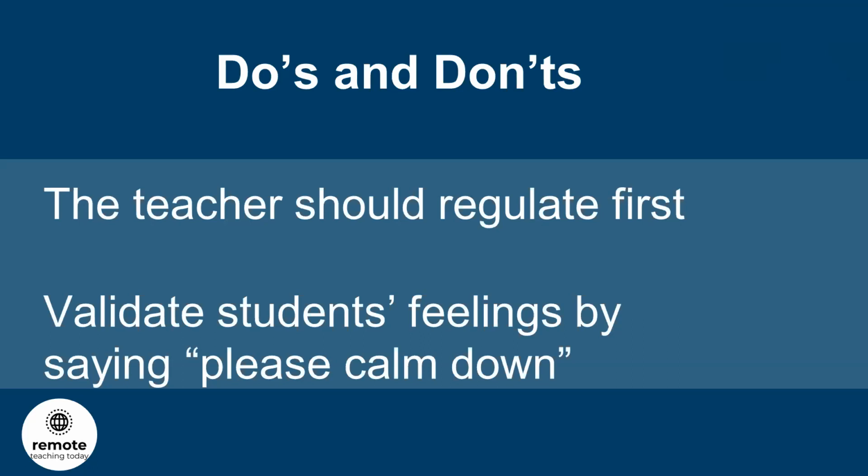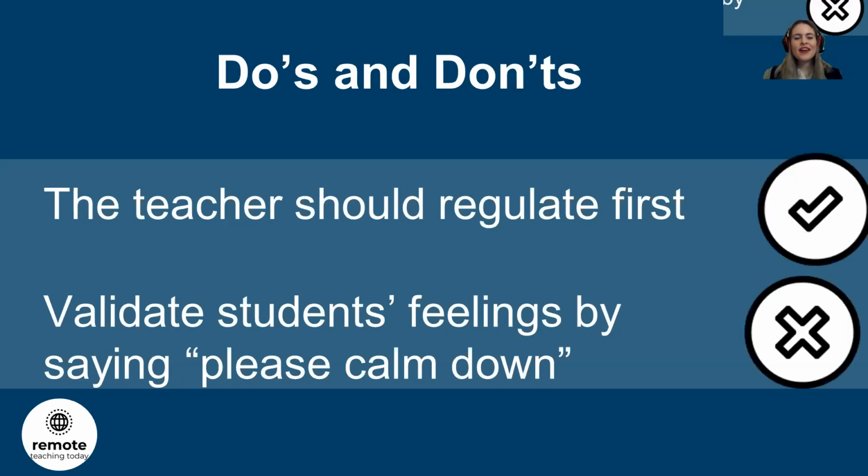Yes, perfect. We'll be rounding off. So yes, exactly. The teacher should regulate first, right? If you need to breathe in and breathe out 10 times, count to 10, as Frank said, go. But you need to regulate first, and you are the role model, so you need to calm down first.